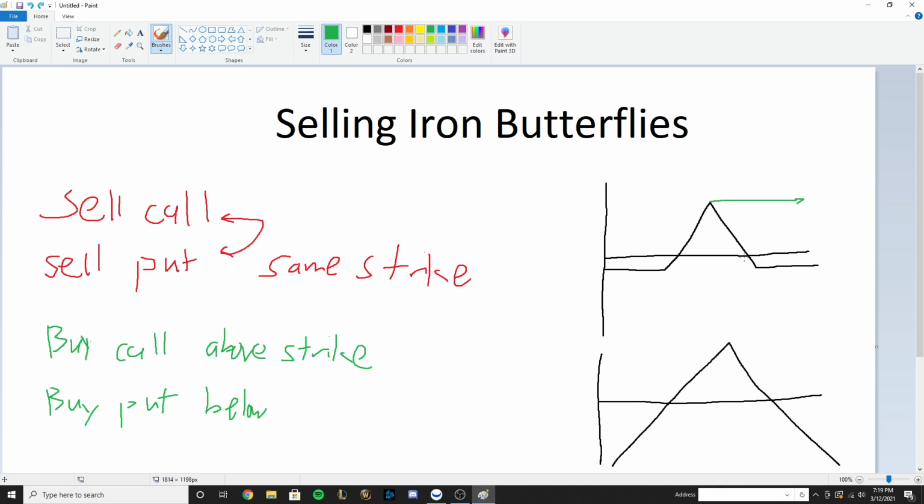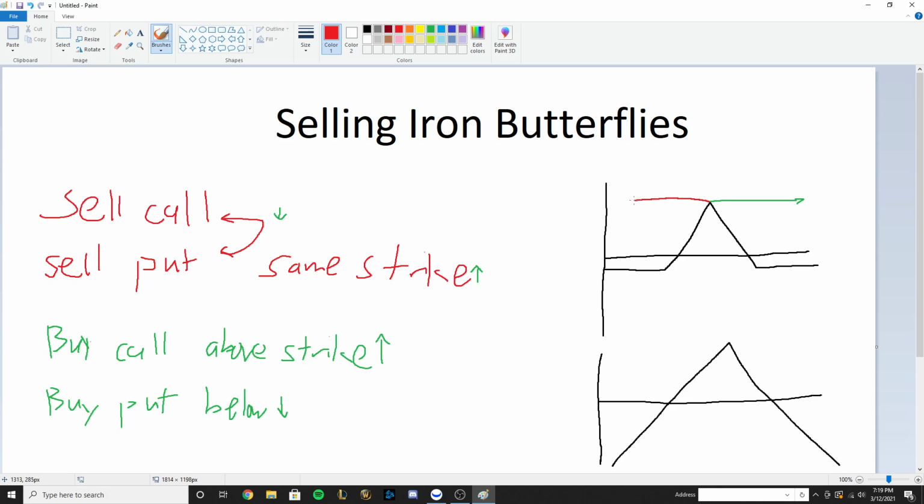So this is slowly losing value. You're seeing the call that we sold lose value. So this is going down. This is going up. This is going down as well, and the call is going up, and then the put that we sold is going up. That's what happens when the price is going up.